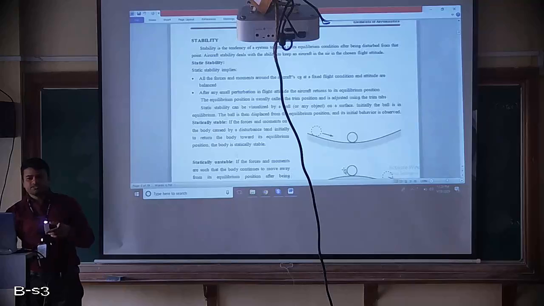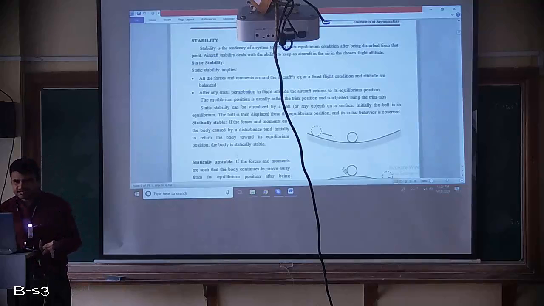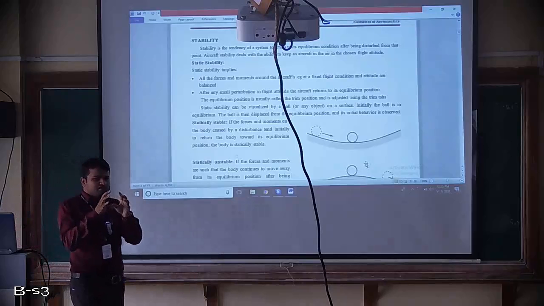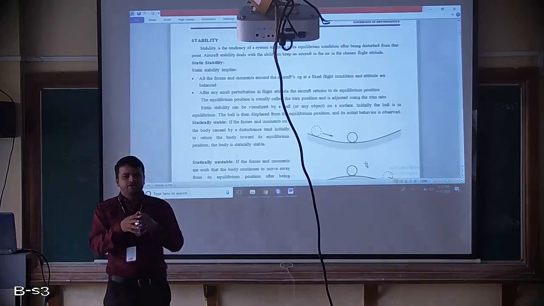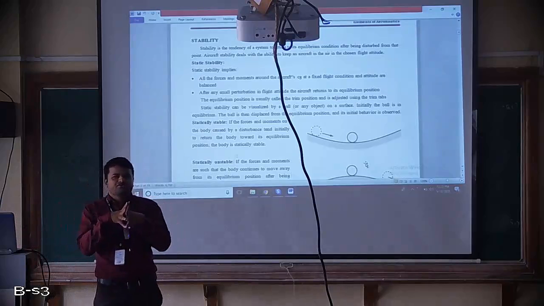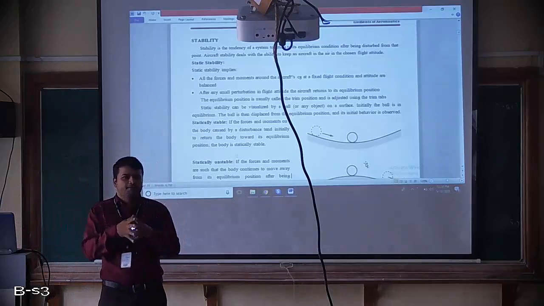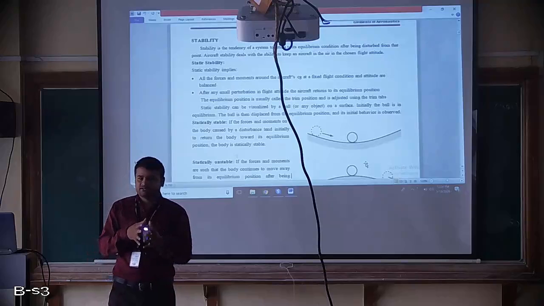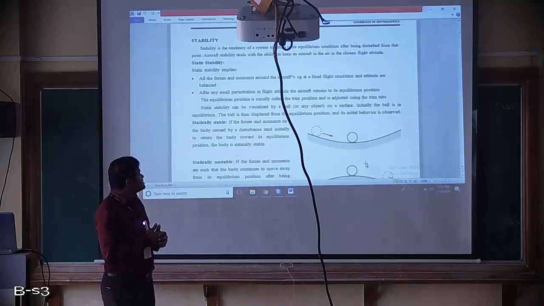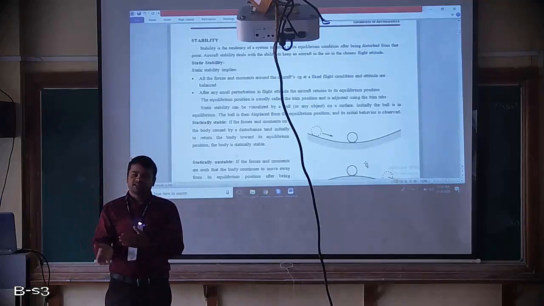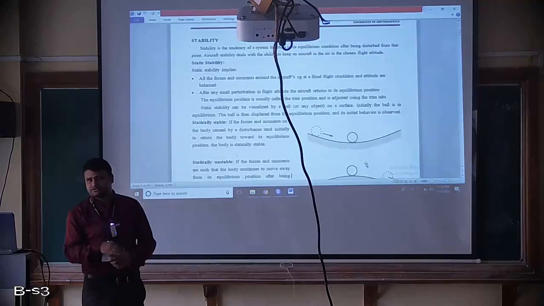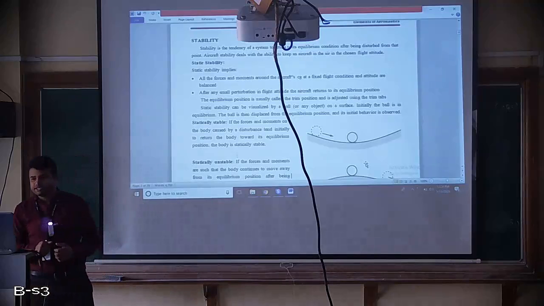So these two things will be implied by the static stability. That means around the center of gravity of your aircraft, you must maintain all the forces, and they should be balanced properly. That's first thing. Second thing is what? If it is getting disturbed, then again it should have the ability to come back to its original position. So these two things will be implied by the static stability.